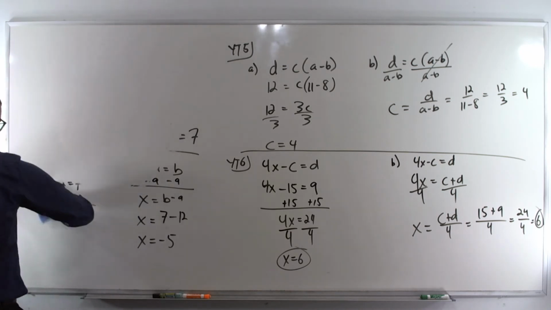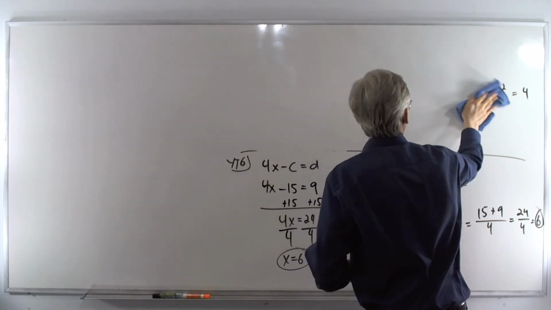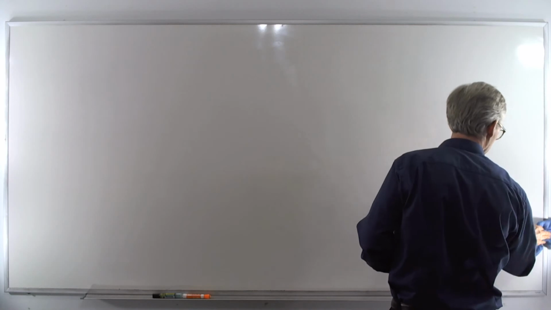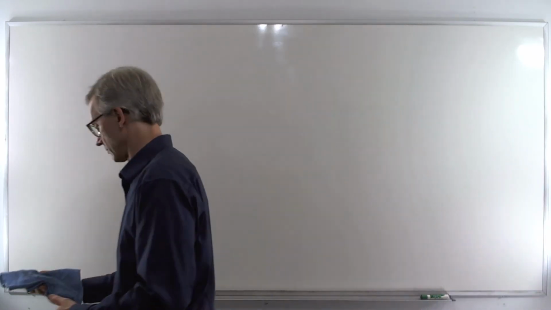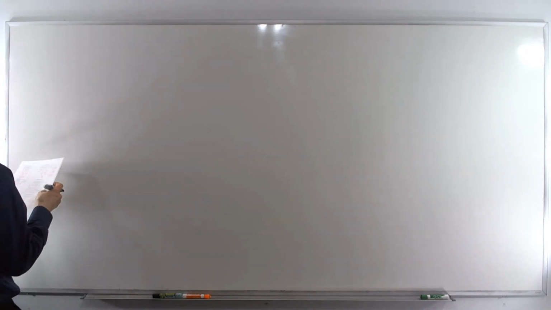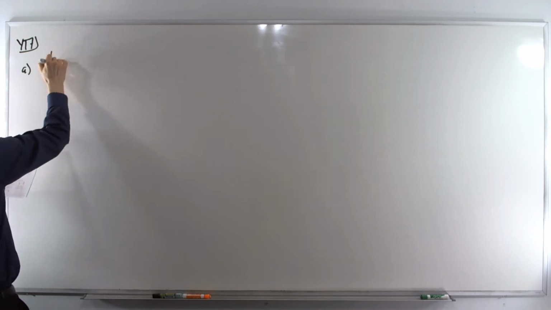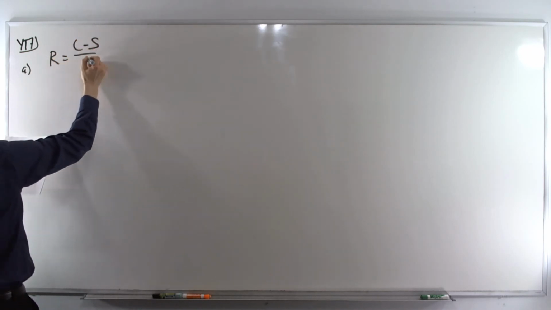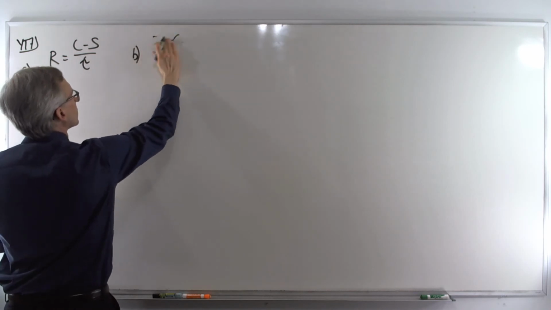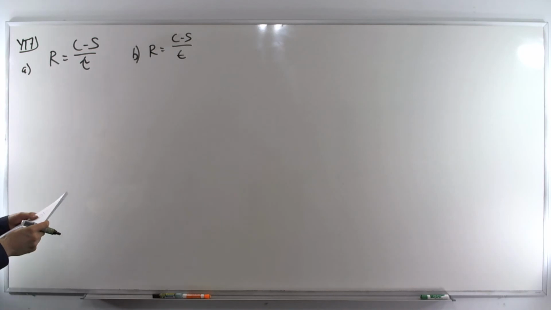That brings us to your turn, number 7. So now we got r equals c minus s over t. r is 2.